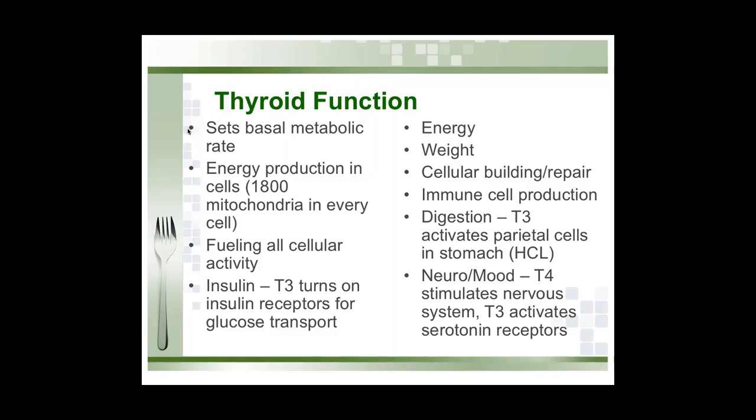For example, one of the things that is not often thought about is digestion. In fact, one of our very own dietitians had this issue. She was experiencing a lot of stomach pain after eating, and we were looking in a lot of different directions, and did not realize until finally further workup revealed that it was a low thyroid issue that was affecting the stomach acid production.